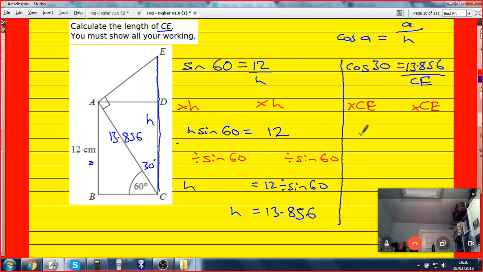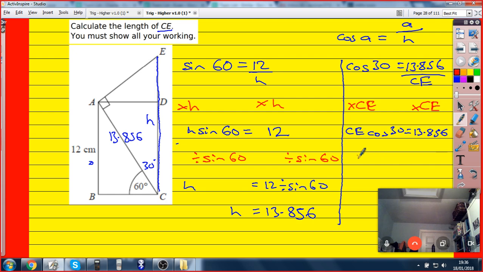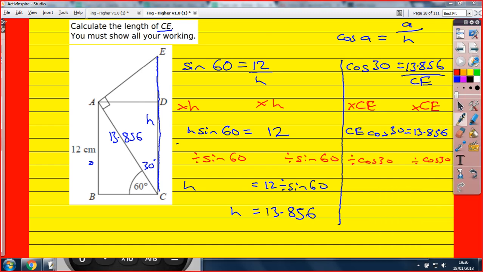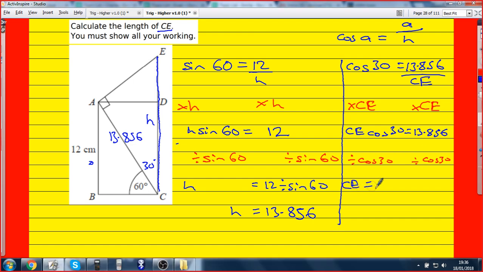So then it would be CE cos 30 equals 13.856. Then you do divide by cos 30. Then you do CE equals 13.856 divided by cos 30. I'm out of space, so I'll just write over cos 30. Means the same thing.